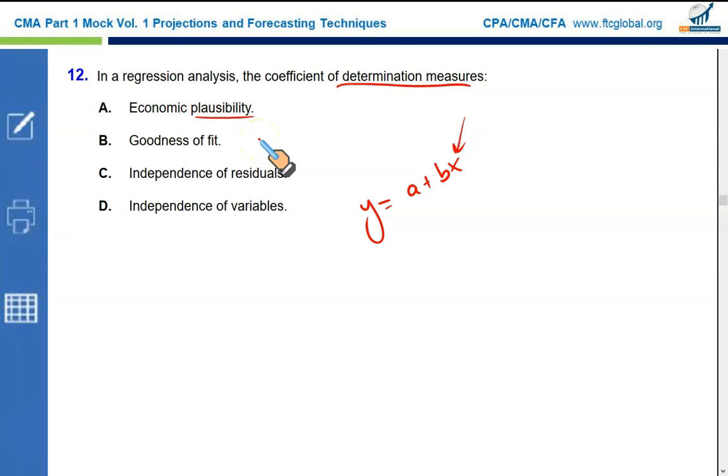Goodness of fit, yes. That is correct. The greater the value of r square, closer to 100%, the better is the fit between x and y, between the independent and dependent variable. This is the correct option.